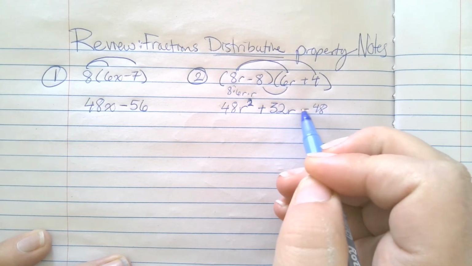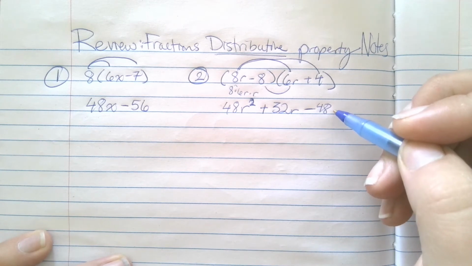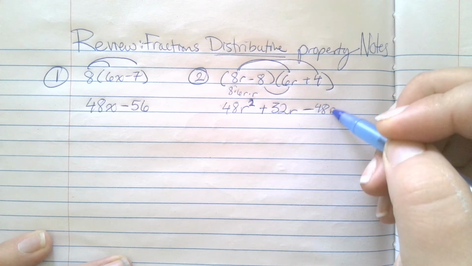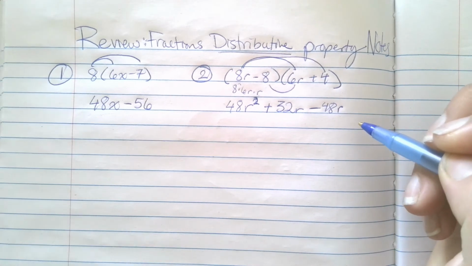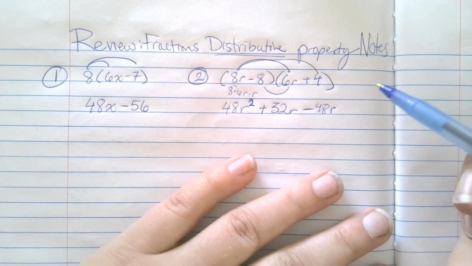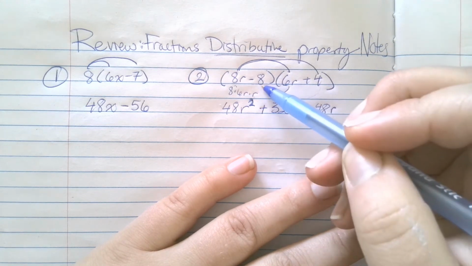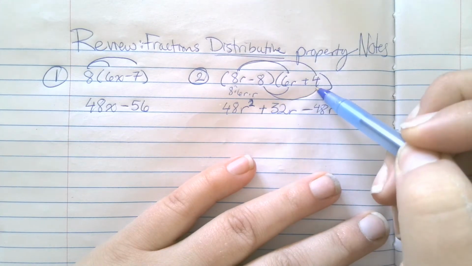Negative. And what do we need to put with it? What's still there? R. Jacob, this one. Next step. Combine like... Oh, wait. We need negative 32. We do.